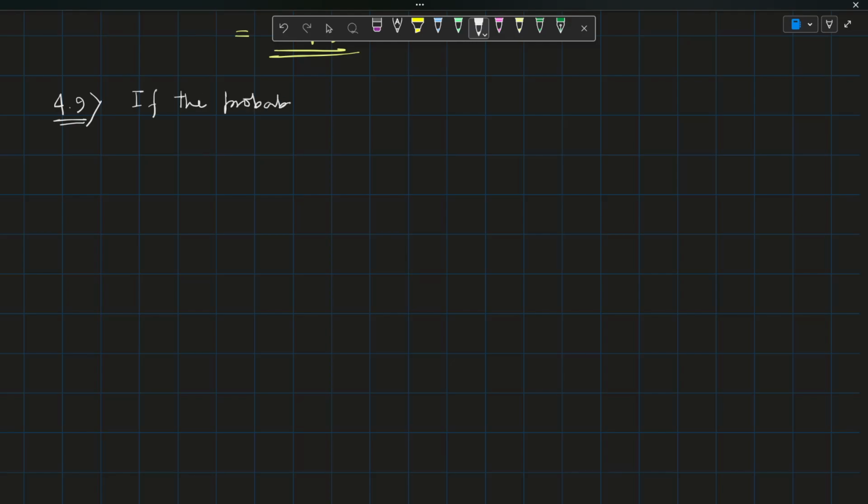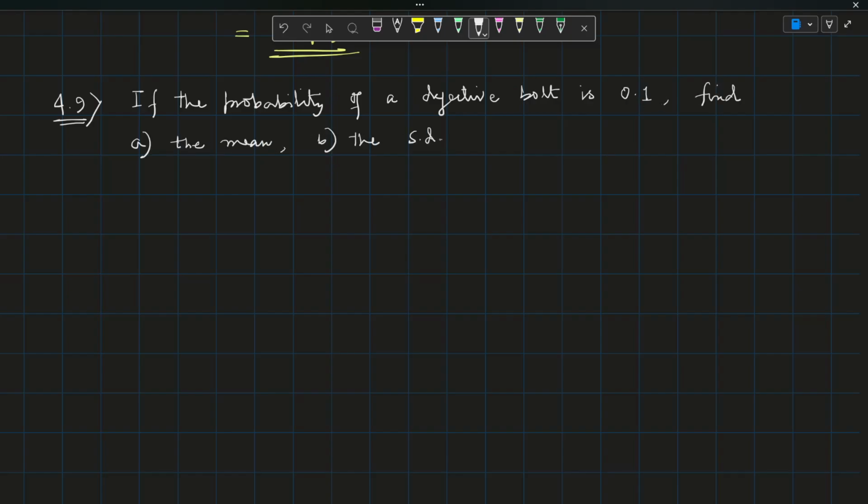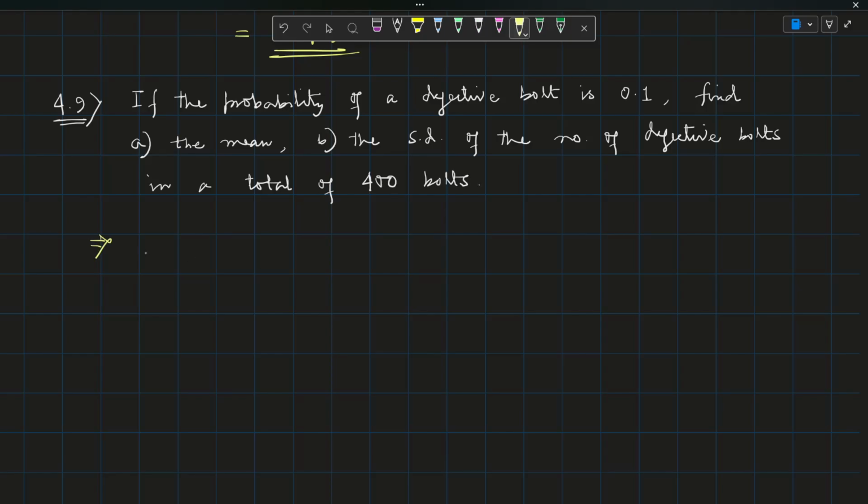Now problem 4.9: if the probability of a defective bolt is 0.1, find the mean and the standard deviation of the number of defective bolts in a total of 400 bolts.